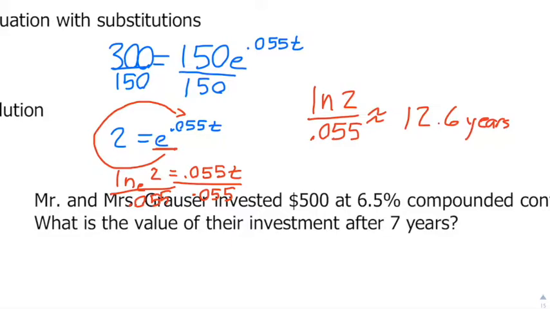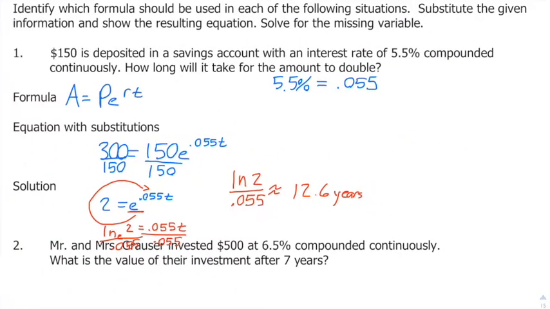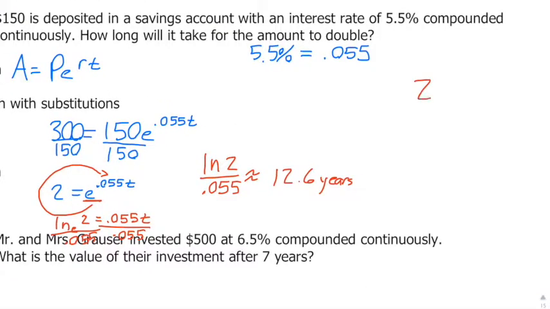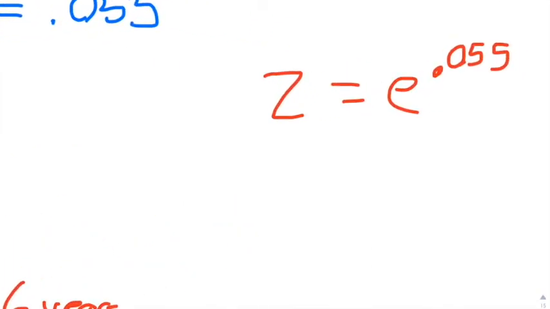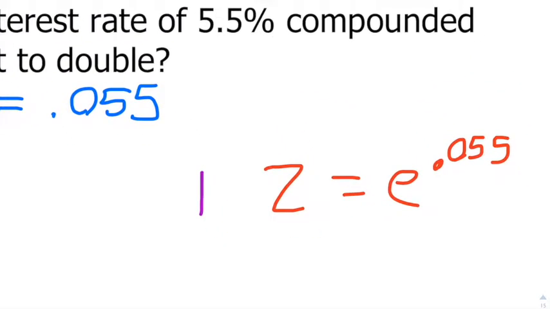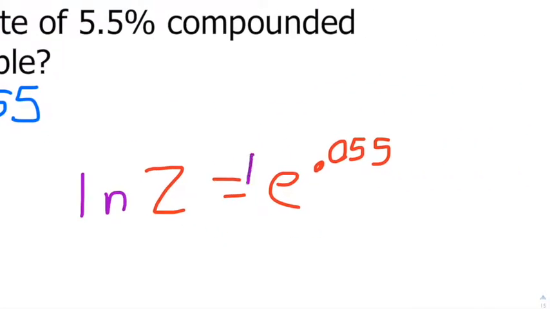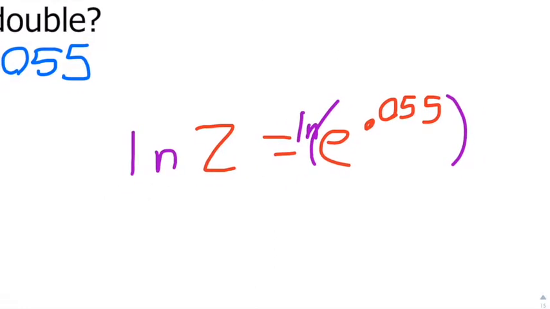0.055 there. Now, another approach to solving that same equation, some other teachers will teach it this way, which really doesn't change that much. They'll say, oh, take the log of both sides, or in this case, since it's E, take the natural log of both sides. So they'll put an ln on the left side, and then natural log of this stuff right here.